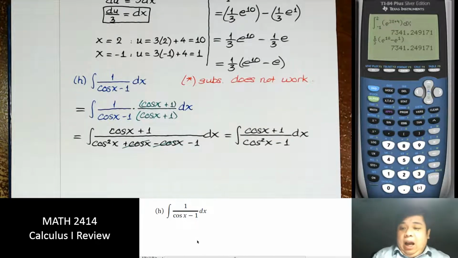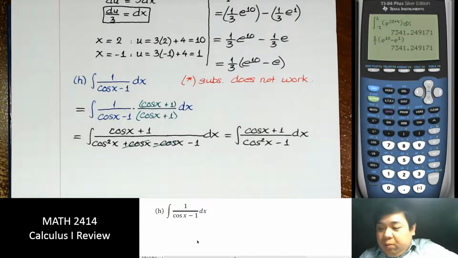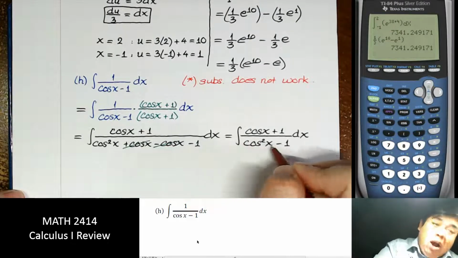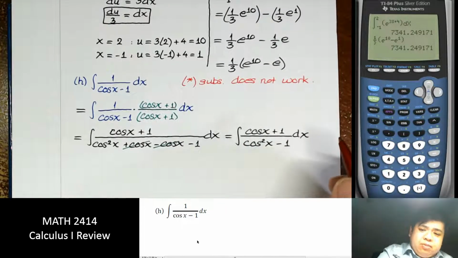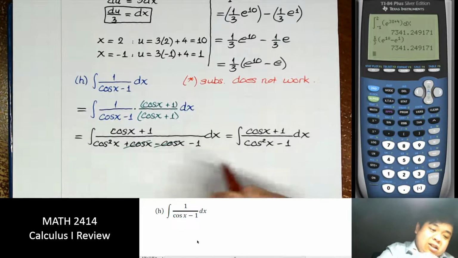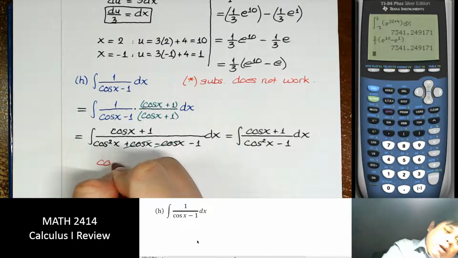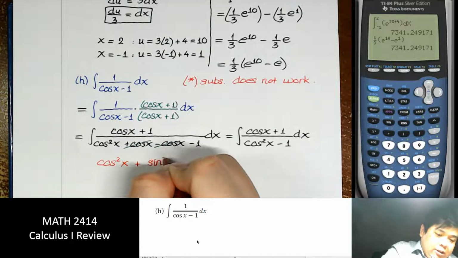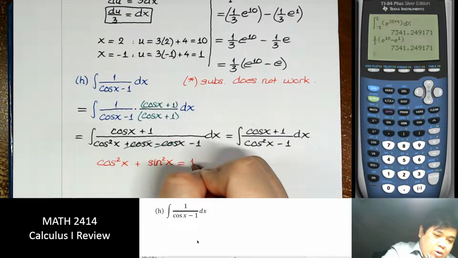Right. And you say, why? How did that help us to do the problem? What we can see here is the cosine squared minus 1. We can use the Pythagorean identity. So we have cosine squared plus sine squared equal to 1.